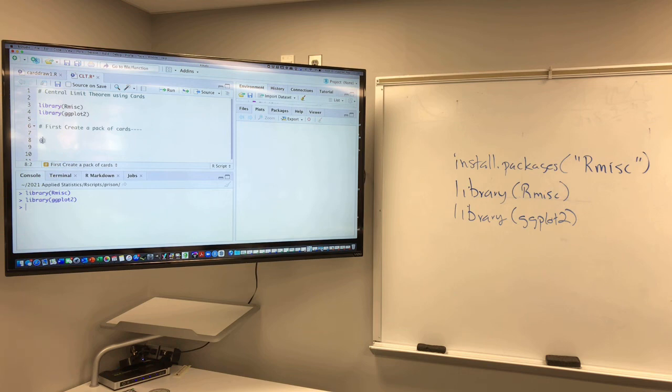So I create a little comment line for myself so I know what I'm doing. You'll also notice that I've put 4 dashes after it. When I put 4 dashes, 1, 2, 3, 4, when you create the 4th dash, it puts a little drop-down arrow here, and it adds a subheading in your script.